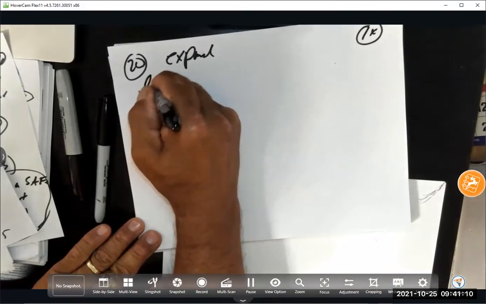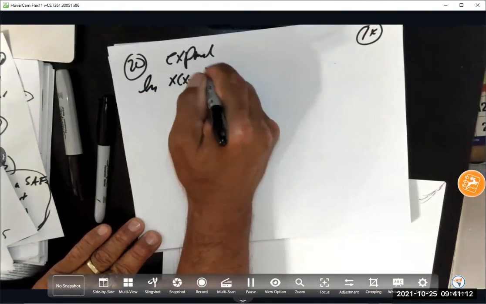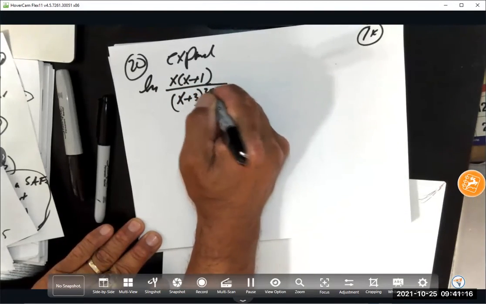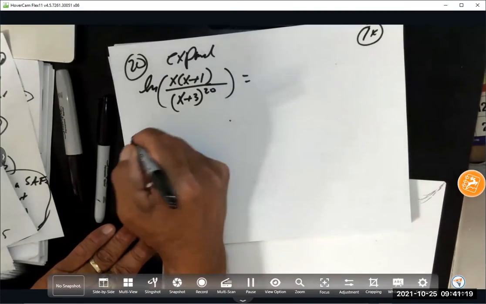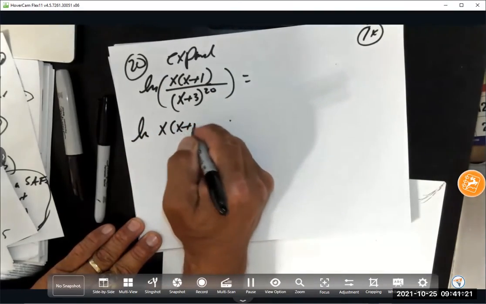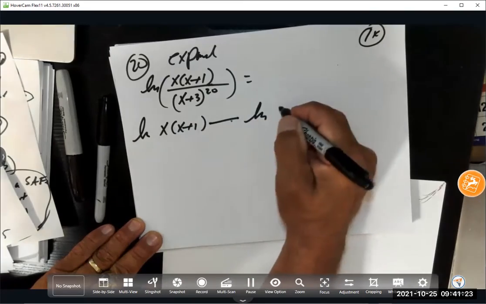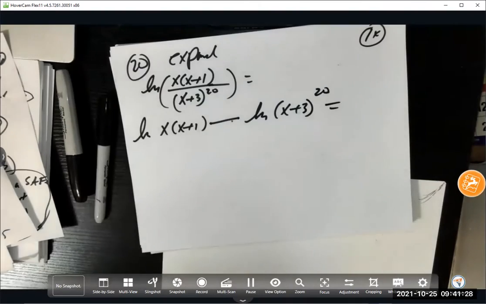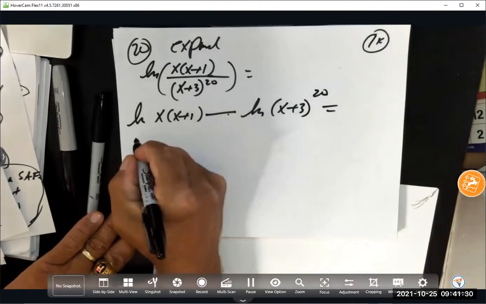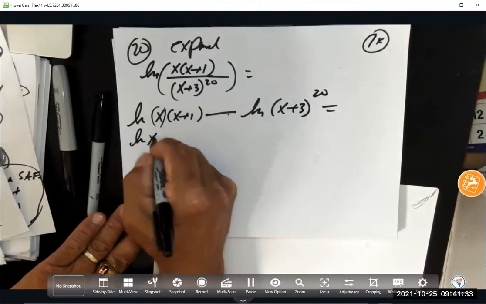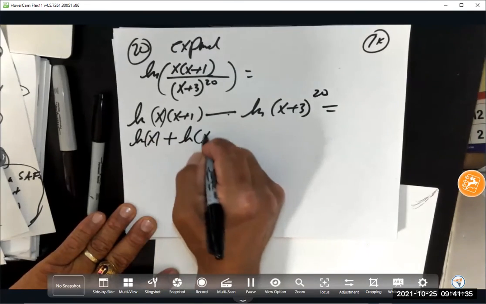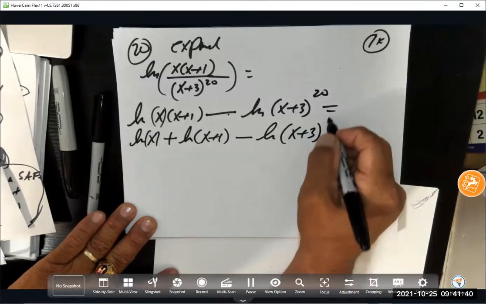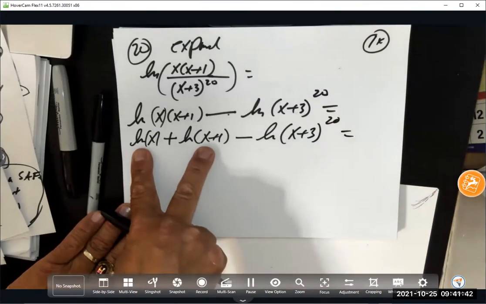It says ln of x times x plus 1 over x plus 3 to the 20 power, or something like that. And we said that you could go ln of x, x plus 1, minus ln of x plus 3 to the 20 power. Okay, is that okay for step number 1? Yes. And then you said that this is ln of x plus ln of x plus 1 minus ln of x plus 3 to the power of 20. Okay, because this is that addition right here.